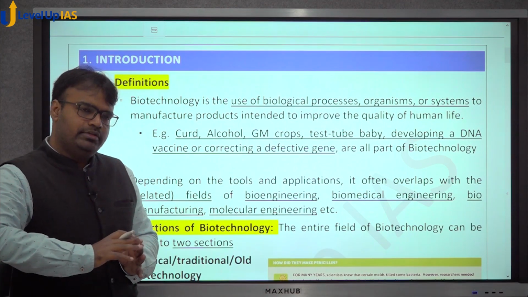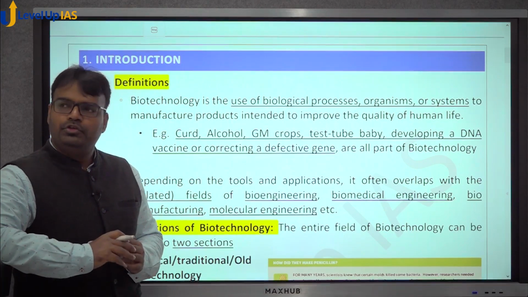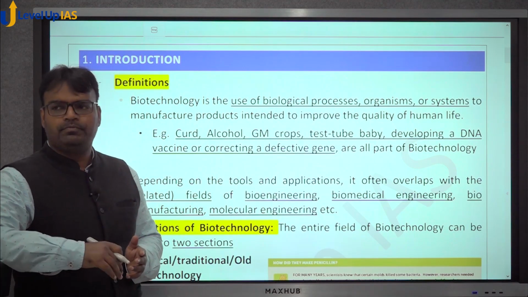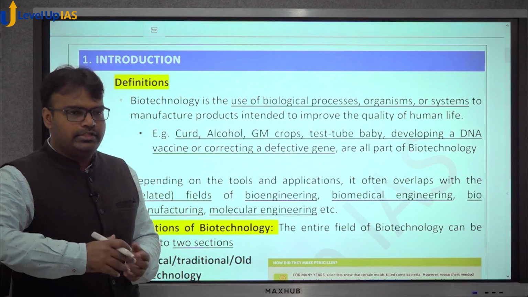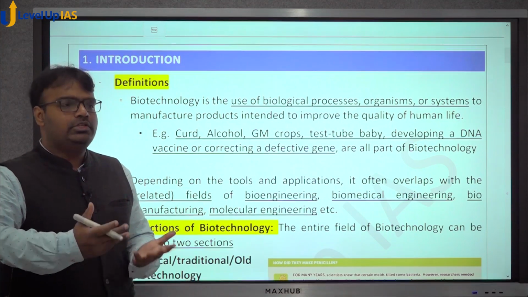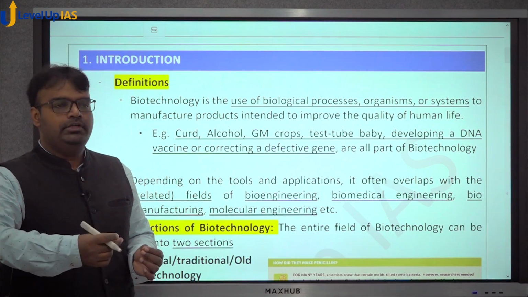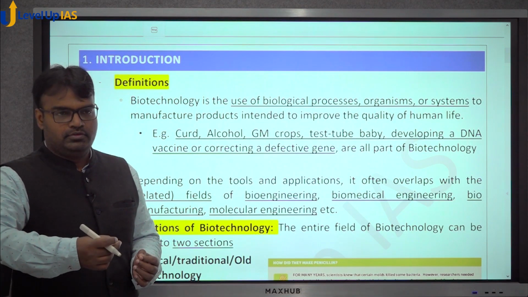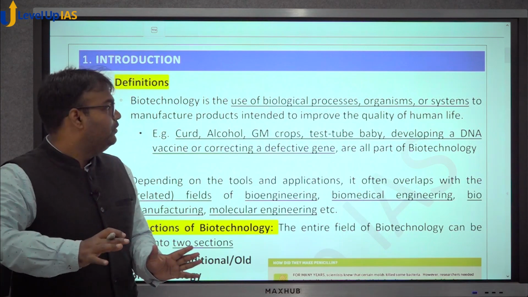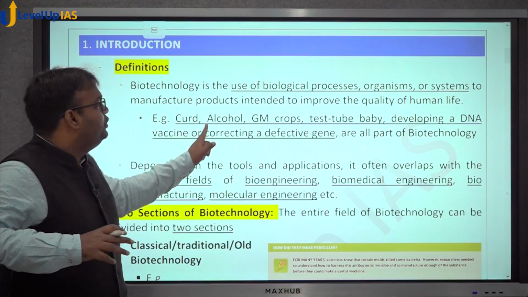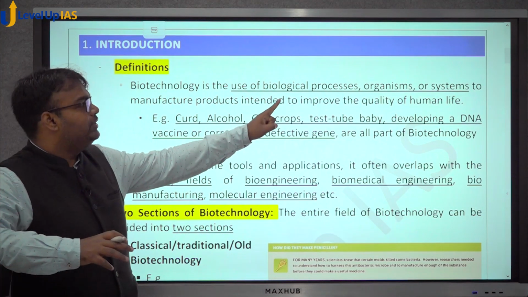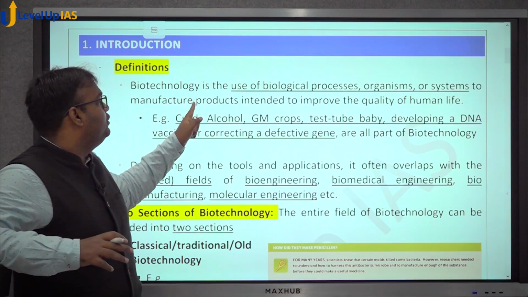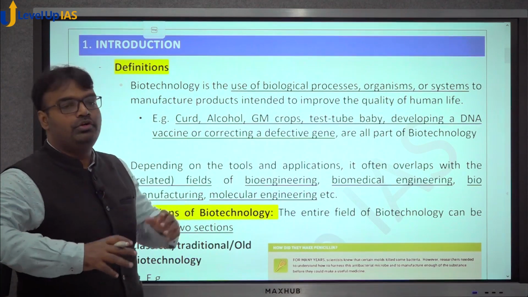Biotechnology is a similar thing where we use biological processes, biological organisms, biological systems to develop something that is useful for human beings. This is biotechnology. If you look at the definition, it is the use of biological processes, organisms or systems to manufacture products intended to improve the quality of human life.